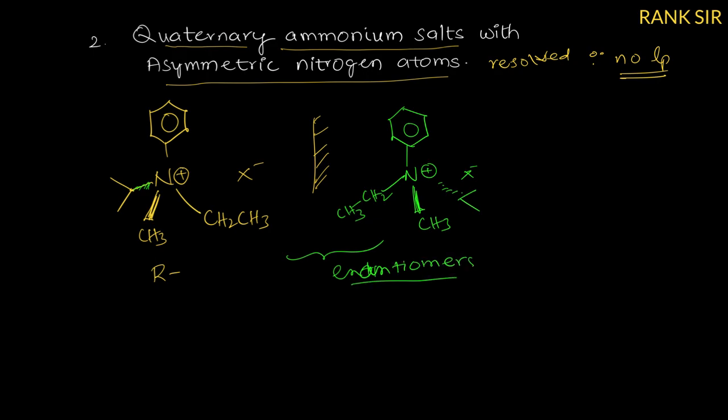So keep in mind, when a lone pair is not present on the quaternary ammonium salt, then it is considered an asymmetric nitrogen atom. There is no inversion. That's why these are resolvable, and these we can generally consider optically active. Therefore, if it is an R configuration, this is the S configuration.